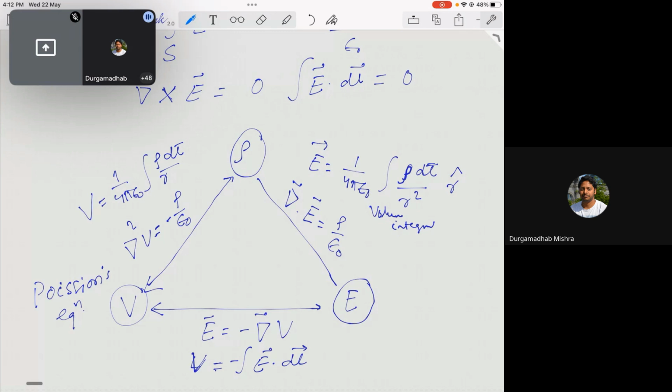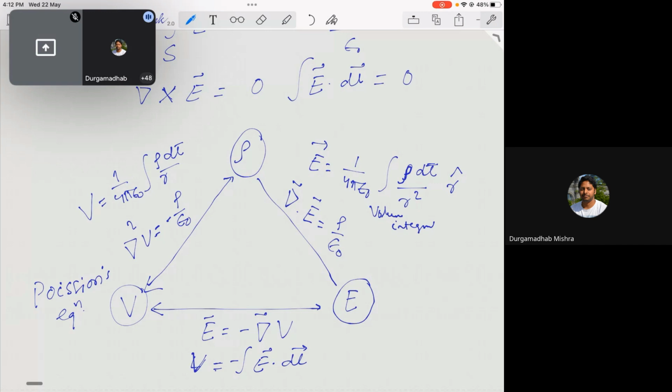Okay, so let's look at one of the most classical examples in electrostatics.